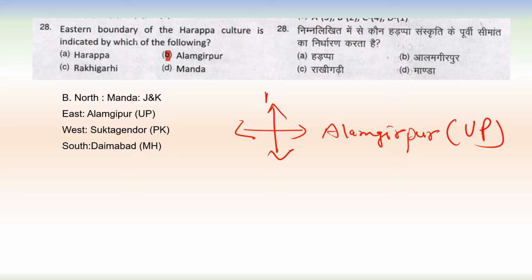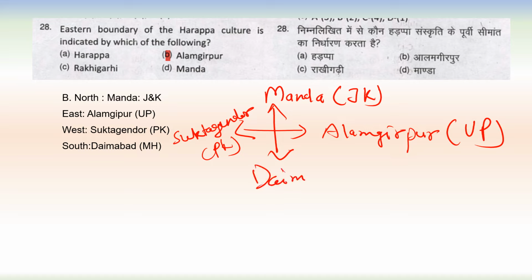North में क्या है? मांडा, this is in Jammu and Kashmir. West में सुत्कागेंडोर, currently this is in Pakistan. South में दाइमाबाद, this is in Maharashtra. So यहां से आंसर क्या निकलता है? आंसर इज बी, आलमगीरपुर.